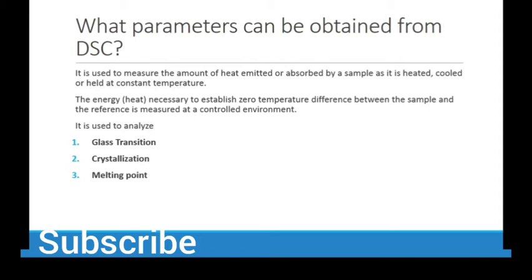What is the difference between first order and second order? In first order there must be latent heat, meaning there must be heat evolved or absorbed by the sample. In glass transition, there is no heat absorbed or emitted by the sample. It is just the start, you can say, of a reaction.